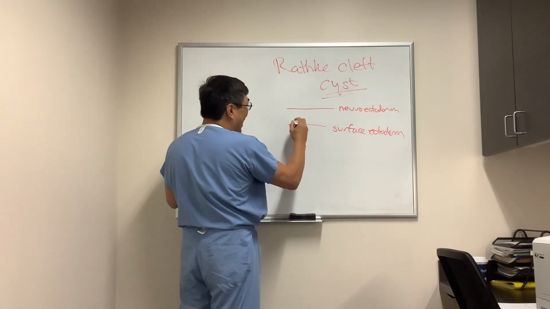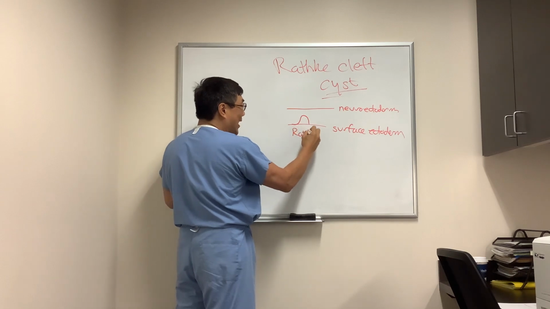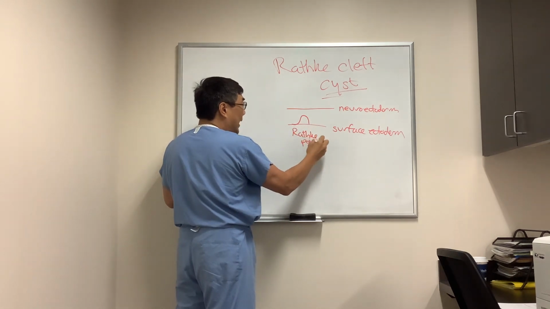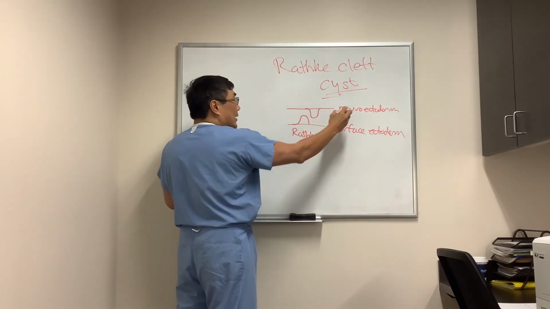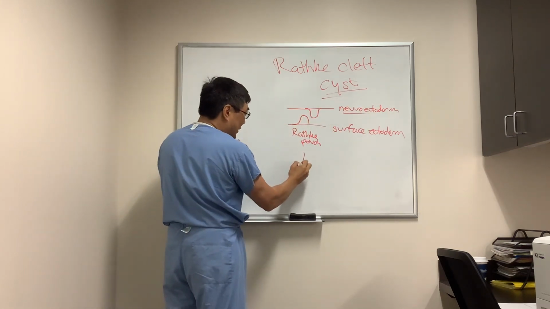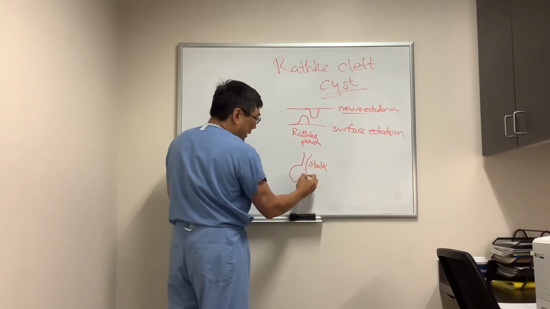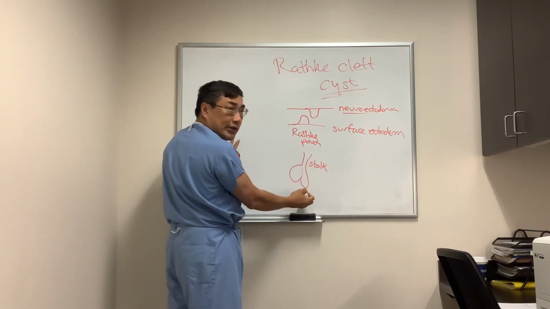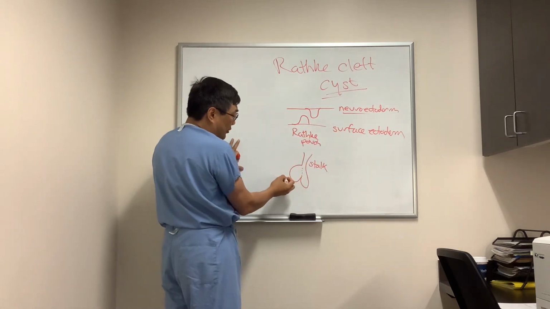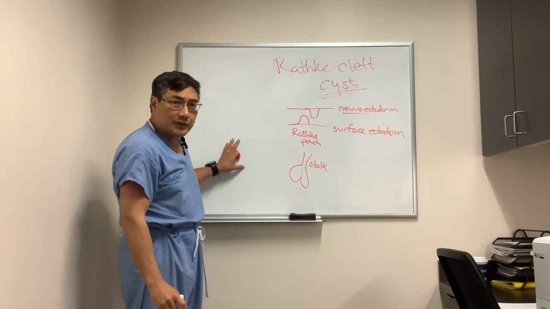So you got an outpouching that occurs in the surface ectoderm, and that thing is called the Rathke pouch. And then you got a descending neuroectoderm that's going to meet at the pituitary gland. And so you've got an infundibular stalk, a posterior pituitary neurohypophysis derived from neuroectoderm, and an adenohypophysis developing from the surface ectoderm.